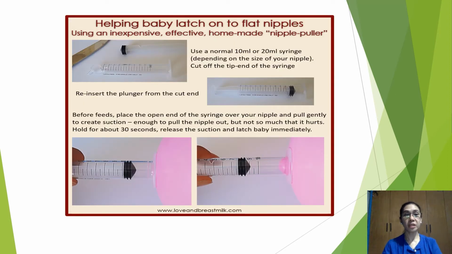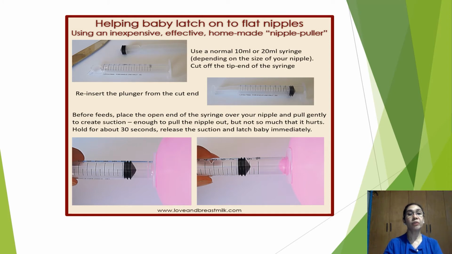So this is a clear picture of using an inexpensive, effective, homemade nipple puller. So you use a normal 10 ml or 20 ml syringe depending on the size of the mother's nipple. So you have to cut off the tip end of the syringe. Then reinsert the plunger from the cut end.